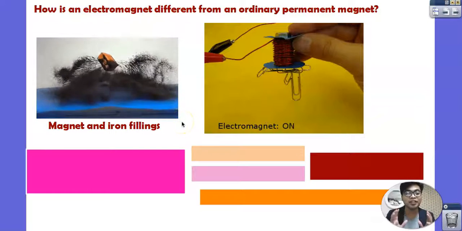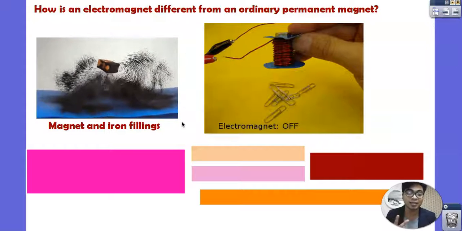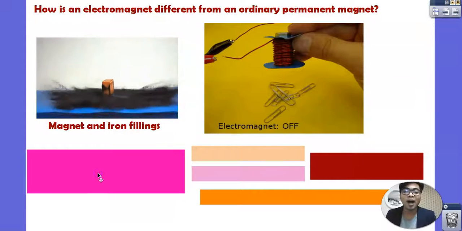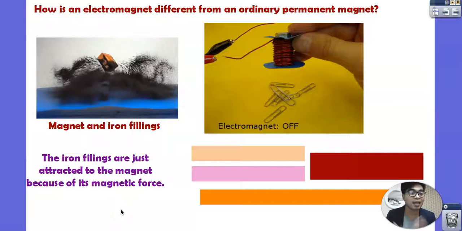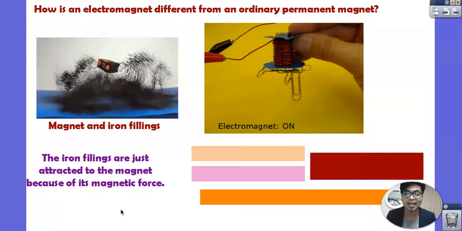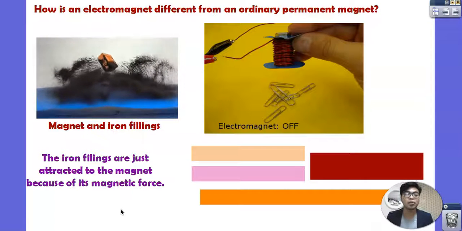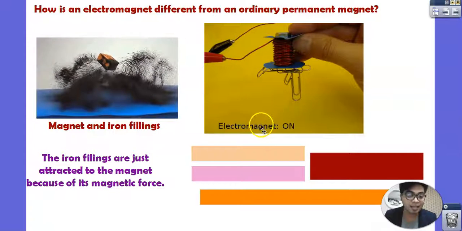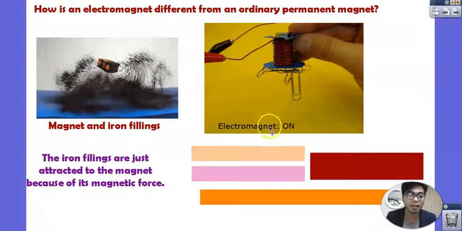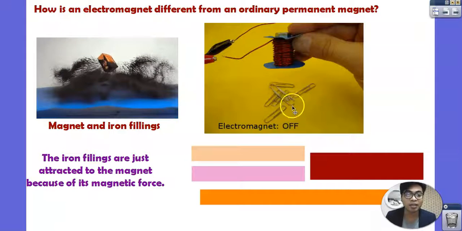To differentiate these two, we need to first look at the characteristics of these two materials. In a magnet with iron filings, the iron filings are just attracted to the magnet because of its magnetic force. But take a look at the electromagnet here. We can turn it on and we can turn it off. After that, this metal clicks or is attracted to it.